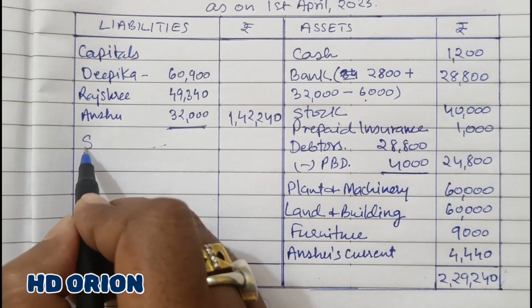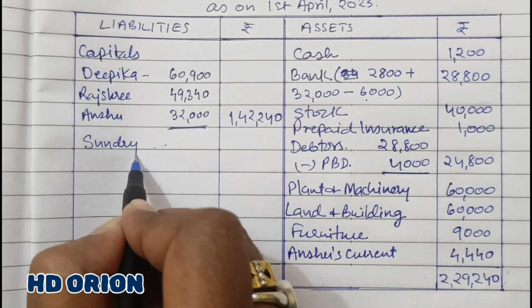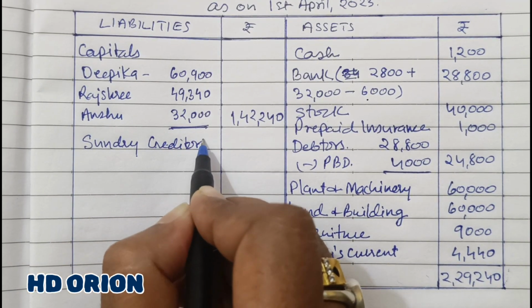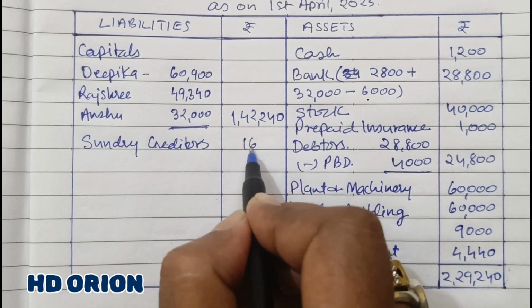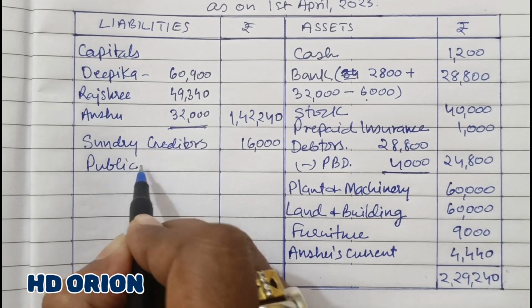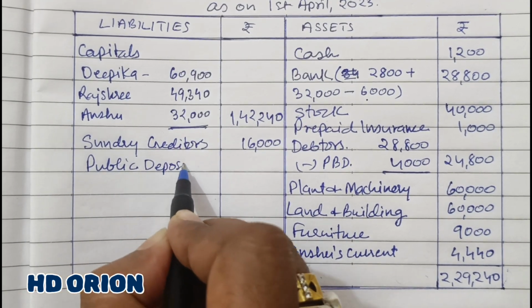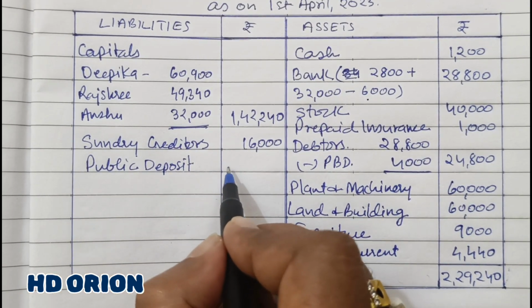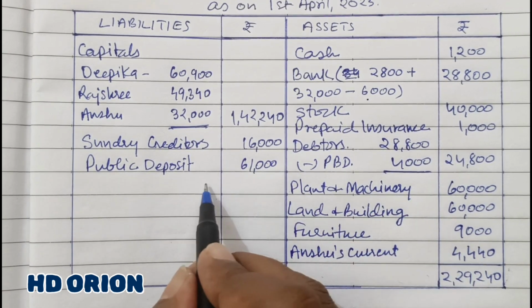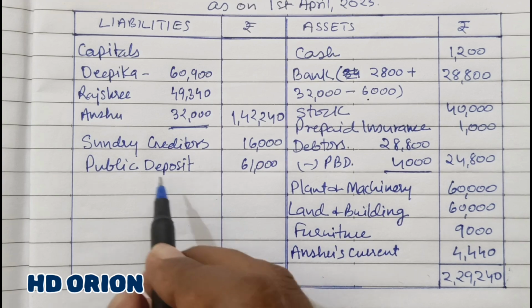And sundry creditors, as before, it is 16,000 rupees. Public deposits, ₹61,000. They have accepted deposits from the public, which is a liability.